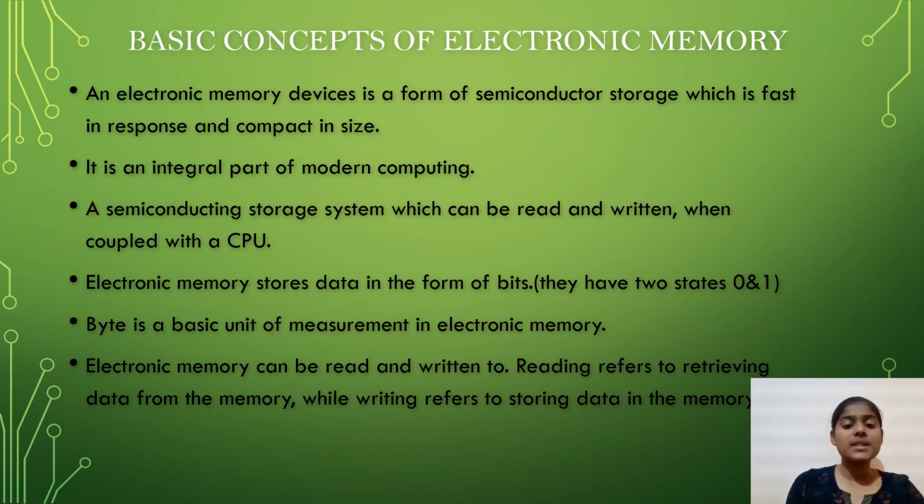Electronic memory stores data in the form of bits that have two states, that is 0 and 1. Byte is a basic unit of measurement in electronic memory. Electronic memory can be read and written to. Reading refers to retrieving data from the memory, while writing refers to storing data in the memory.